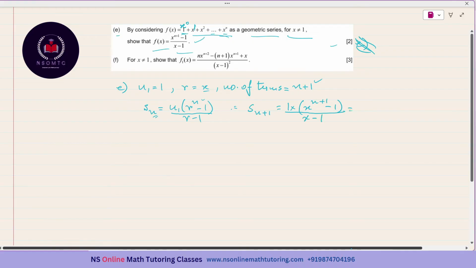This should be equal to x to the power of n plus 1 minus 1 over x minus 1. And this is equal to f of x because we have added these terms using the formula and we have got this expression. So this is the expression. Shown.